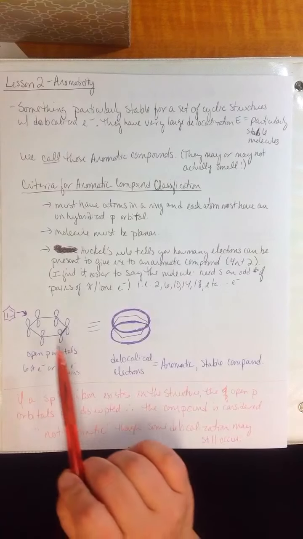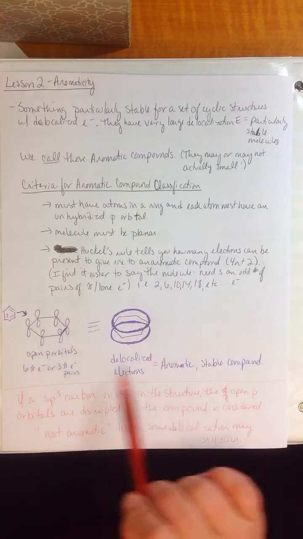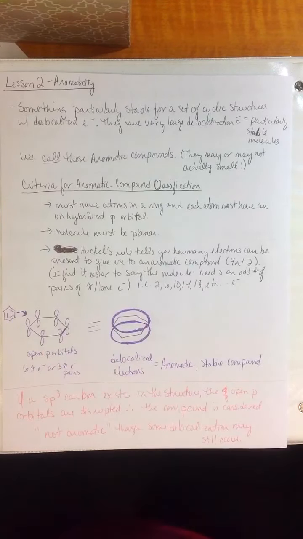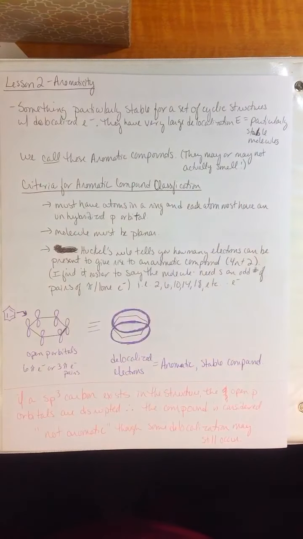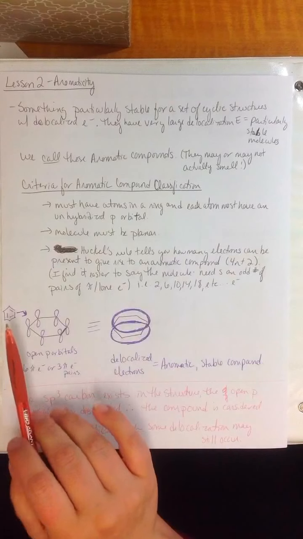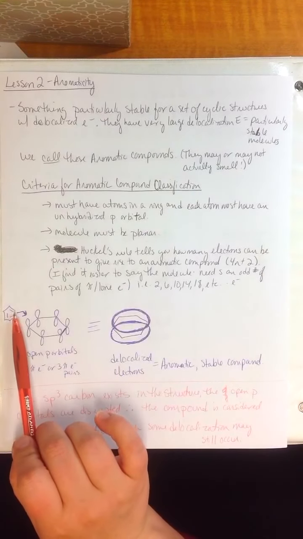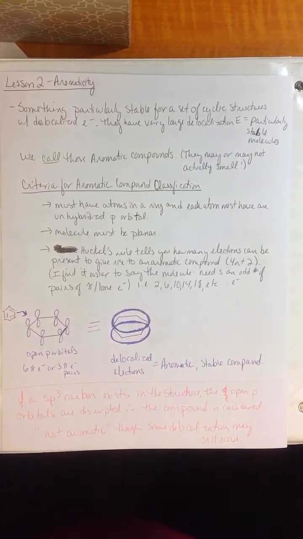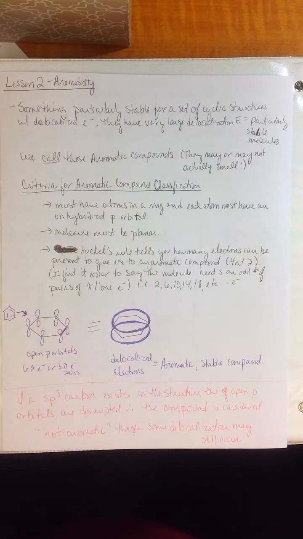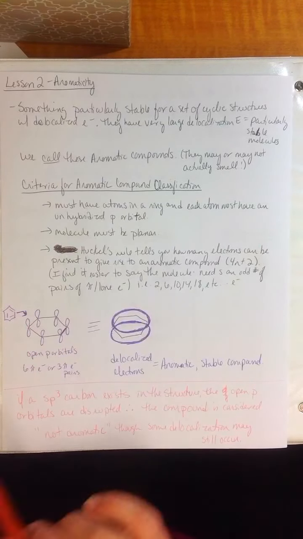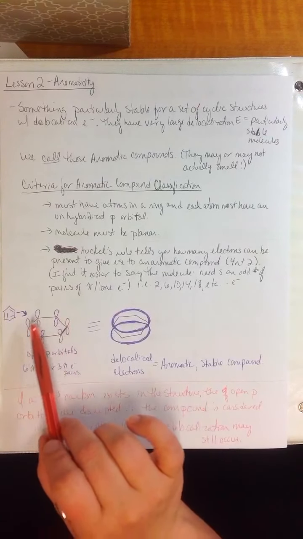So I kind of drew out what we have here in benzene. This is my really bad drawing of what this really is, okay? If you have benzene, we've got 3 double bonds. That means that every single one of those atoms has an open p orbital. And so I just drew that out here.